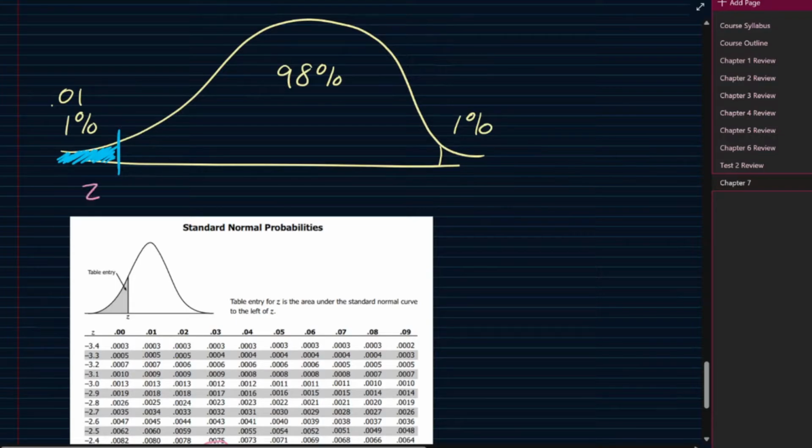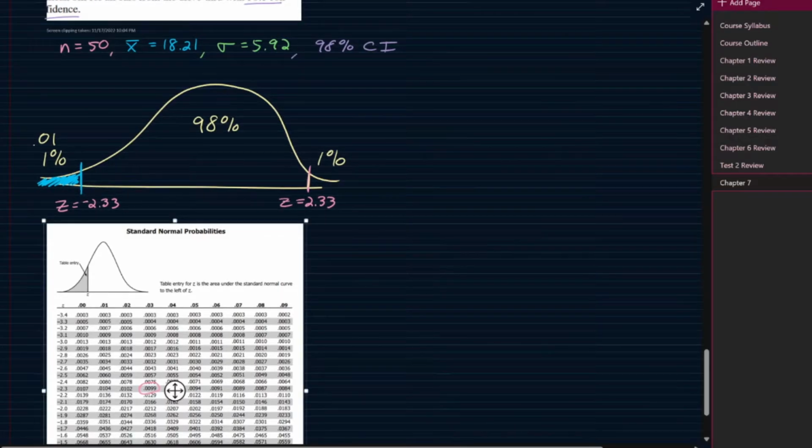That means this is a positive Z-value of 2.33, and therefore our Z star is positive 2.33. Now we've got everything for our formula, and we can find the upper and lower bound for the 98% confidence interval.